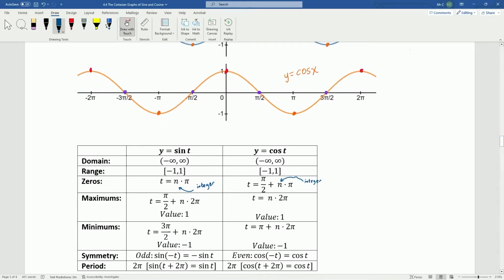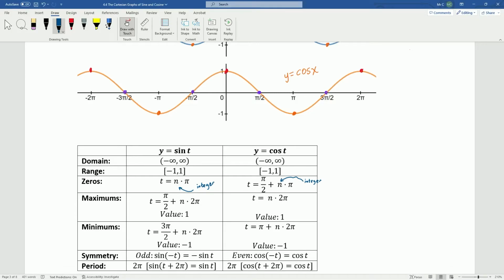So we see that our minimums are 3 pi over 2 plus any integer multiple of 2 pi. And for cosine, the first minimum we see is at x equals pi, and the minimum is negative 1. If we add 2 pi, we get to 3 pi, that's another minimum. Or if we subtract 2 pi, we'd be at negative pi, that's another minimum. So all of our minimums for cosine are at pi plus integer multiples of 2 pi.